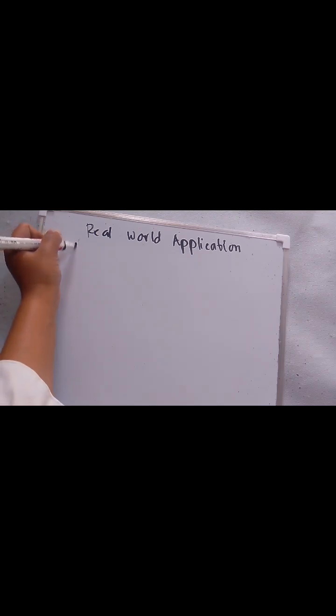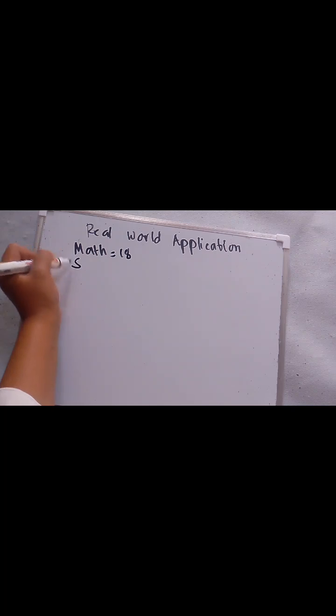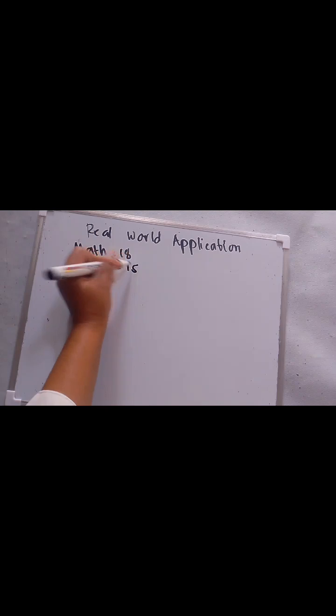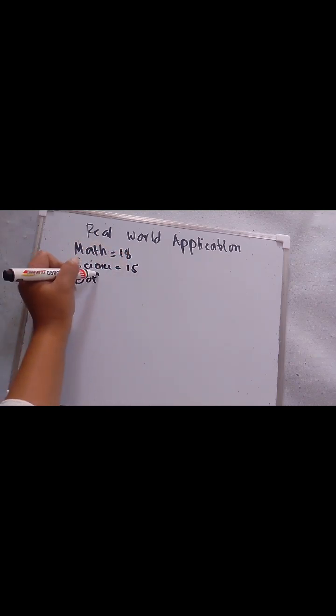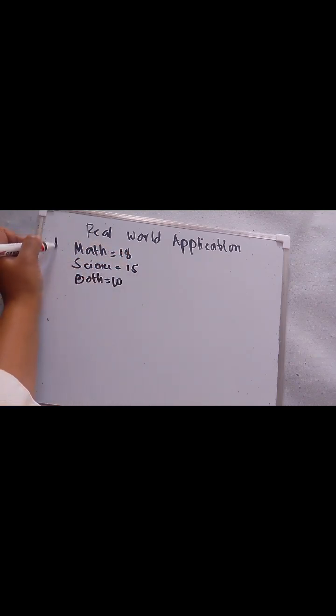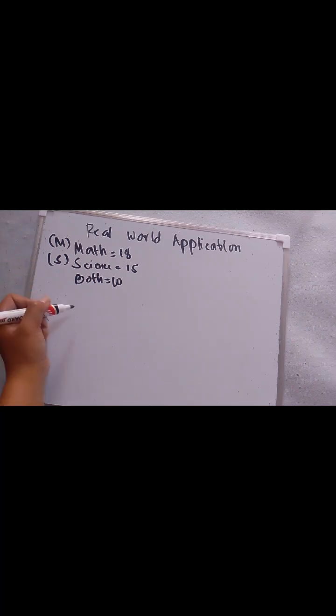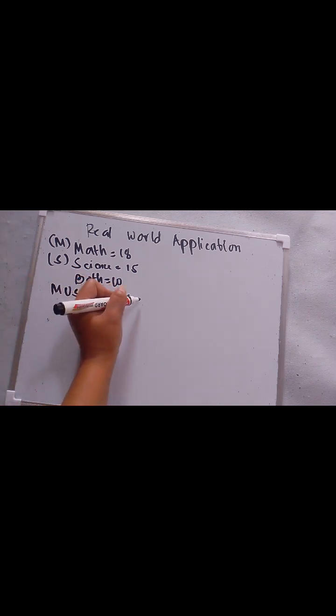So now, let's apply set laws to something real, student interest. For example, in a survey, 18 students like math, 15 students like science, and 10 like both. Using the union formula, M union S equals math plus science minus math intersect science.